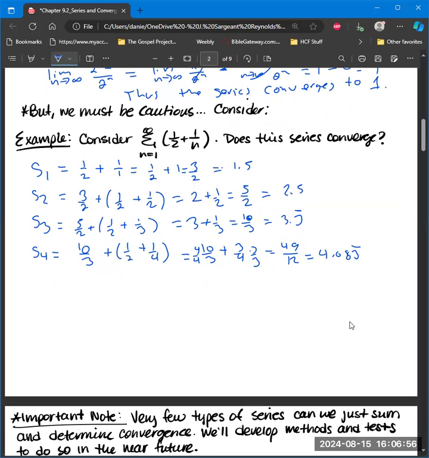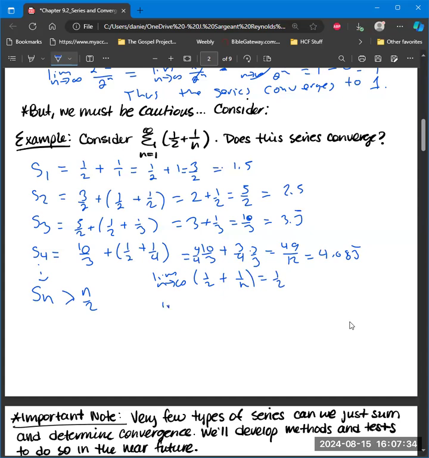We know that Sn is always going to be bigger than n/2, because the limit as n goes to infinity of 1/2 plus 1/n is going to be 1/2.